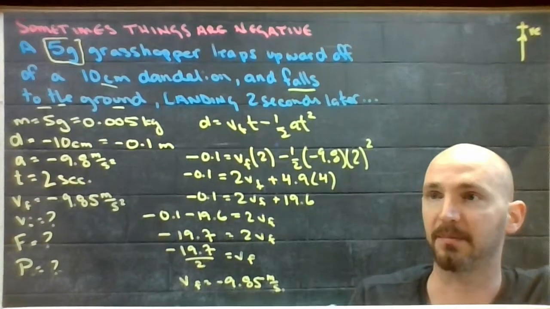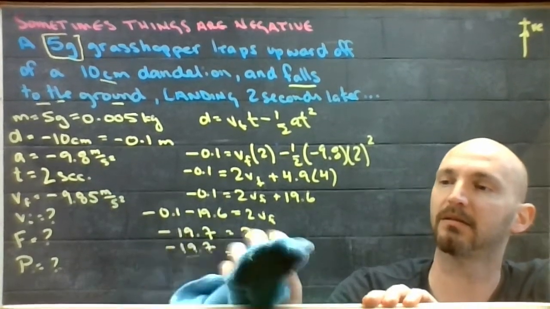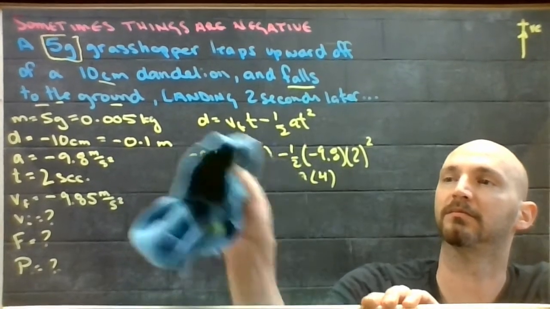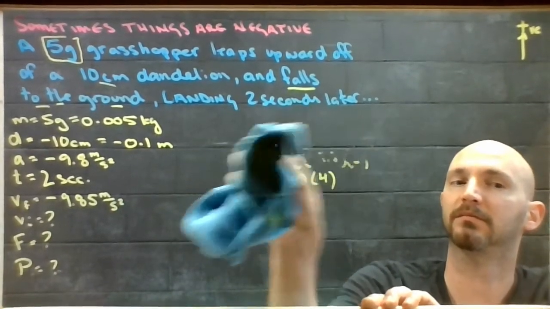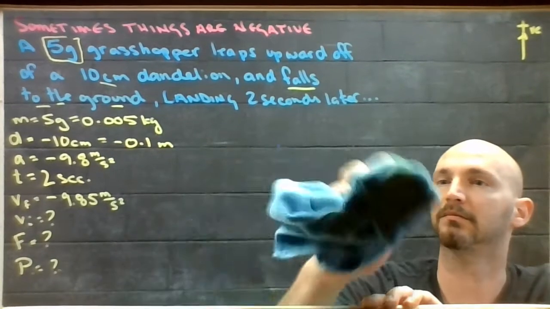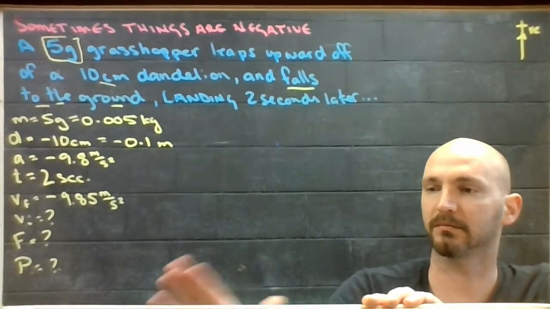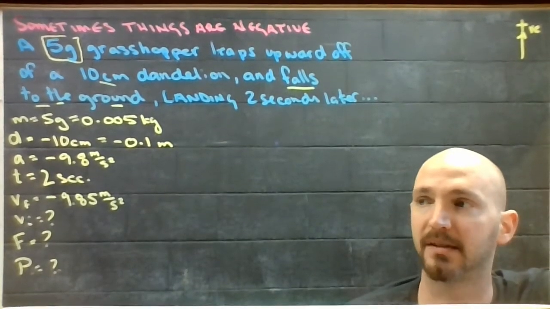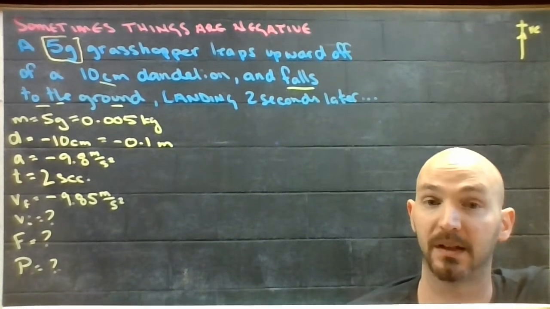I'm going to clear this up so we can do initial speed. So I need an equation that combines distance, acceleration, and time with initial speed.